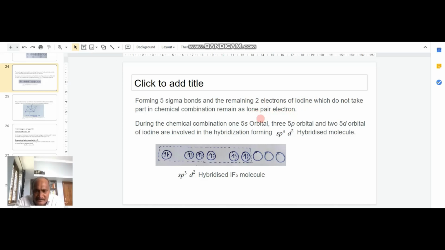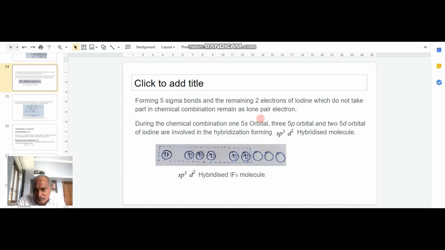Here, as iodine forms 5 sigma bonds during the chemical combination with 5 fluorine atoms, there still remain 2 electrons as a lone pair in the iodine atom at the level of the 5s subcell.